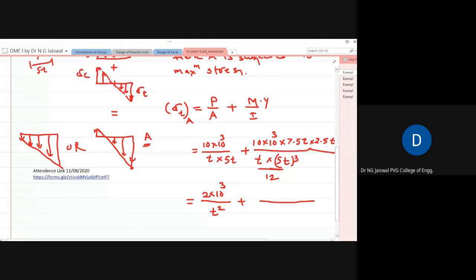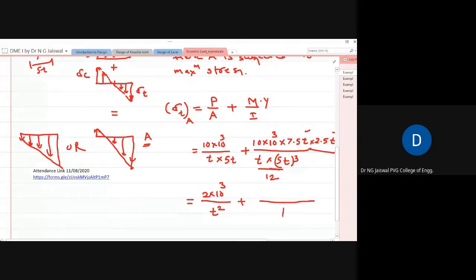Here this is t, this is t, this becomes t square, and 5 into 5 into 5 is 125 t cube. This t cube and this t becomes t raised to power 4, so it becomes 125 t raised to power 4. The t square will get cancelled with this 2 t square, remaining is t square. This 12 will be in the numerator.